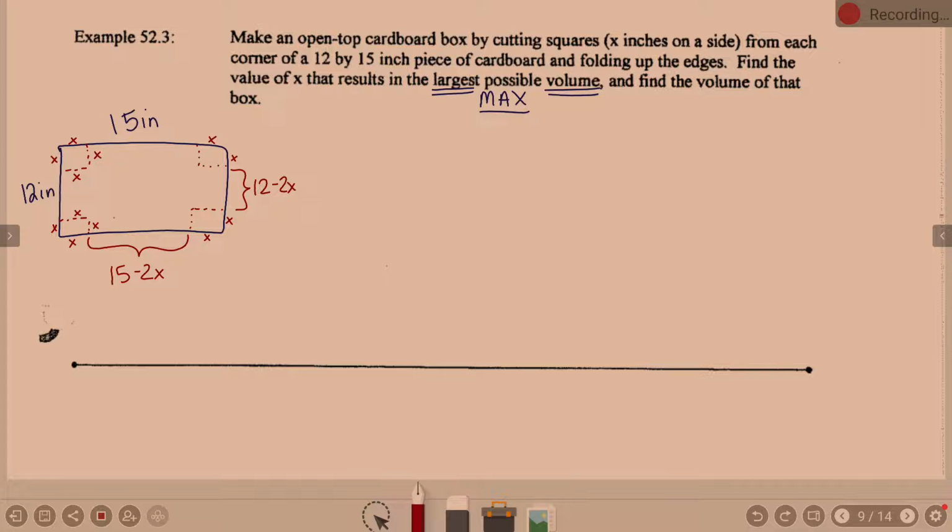So 12 minus 2x. Okay. So that's what we know about our box. We are trying to maximize what? Volume. What do you know about volume of a box? Length times width times height. What do we have in the way of length times width times height?